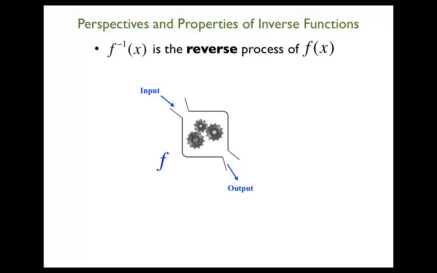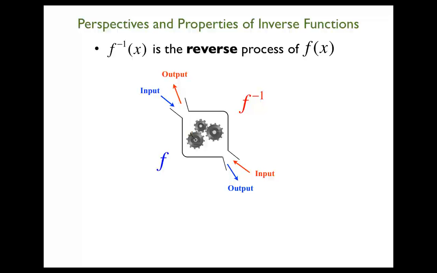So if we think of this as the reverse process, it's the same machine, but instead we run it backwards. So where would your input be? Your input is there, and it's like we're cranking the machine backwards, and your output's there.